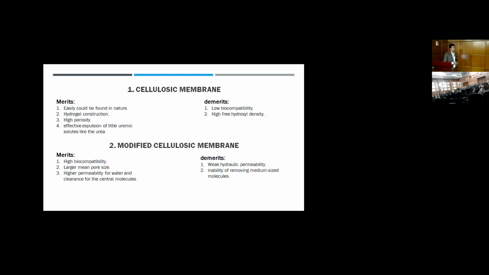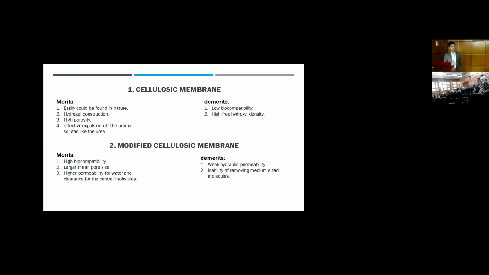It was used for a long time because its hydrogel construction enabled a low wall thickness of the hemodialyzer to be combined with high porosity, and that enabled high transport and effective expulsion of the blood impurities.